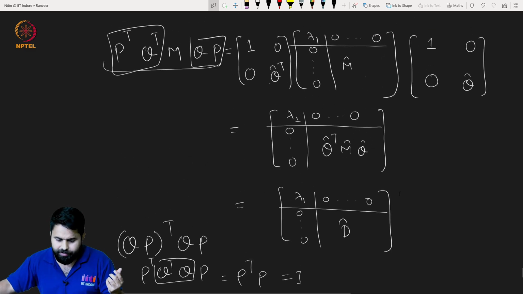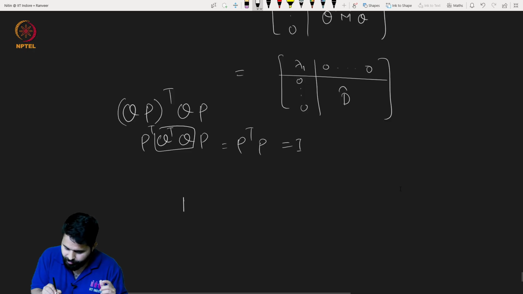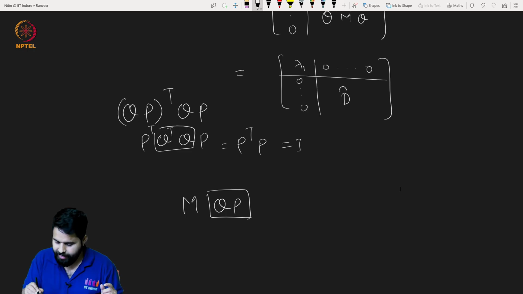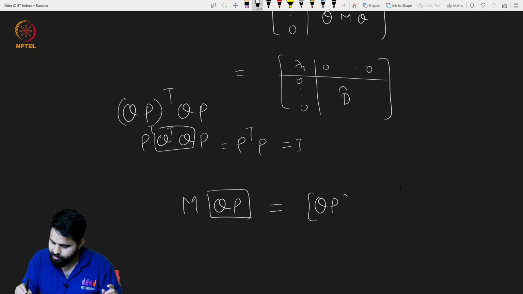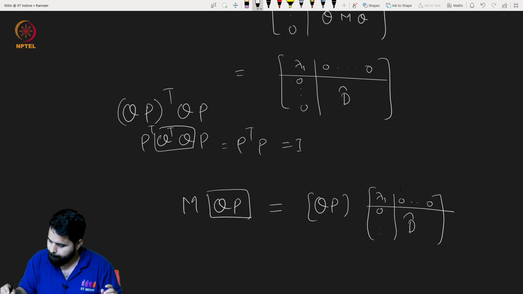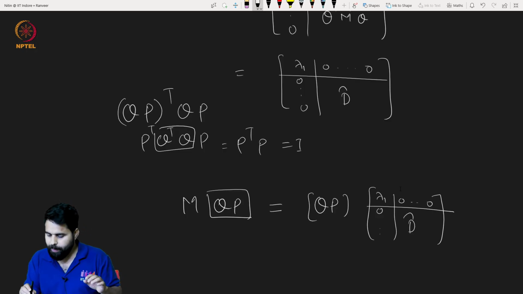See, I can write this as M times QP, so this matrix is an orthogonal matrix. If you multiply QP on both sides, then you will get this result, right?